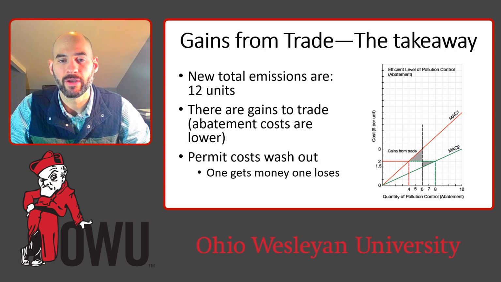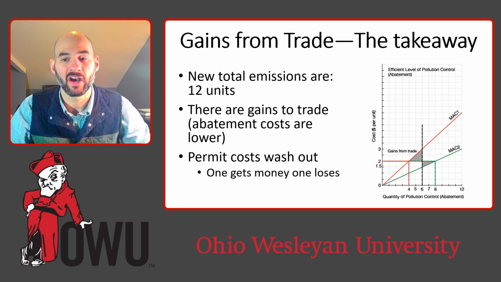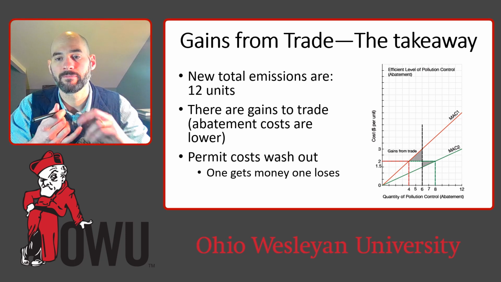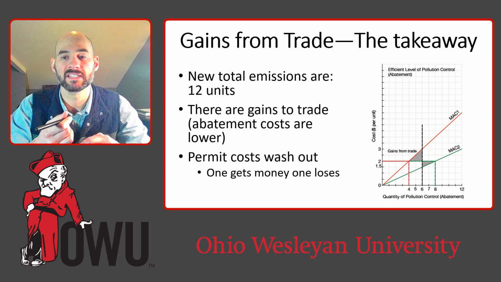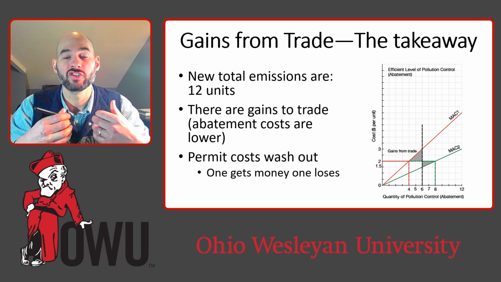So it's important to note that the permit costs wash out. Firm 1 buys permits from firm 2, but how much money firm 1 loses in terms of what they pay for the permits is exactly equaled by how much firm 2 gains. And so the total benefit is just a transfer.